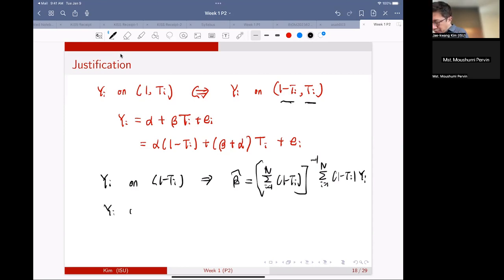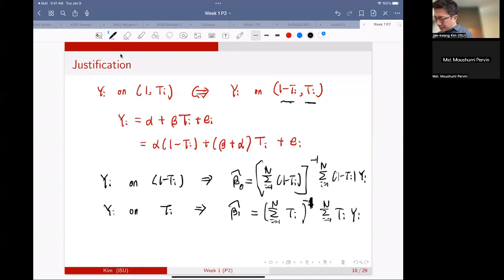If you do this, you should basically subtract.